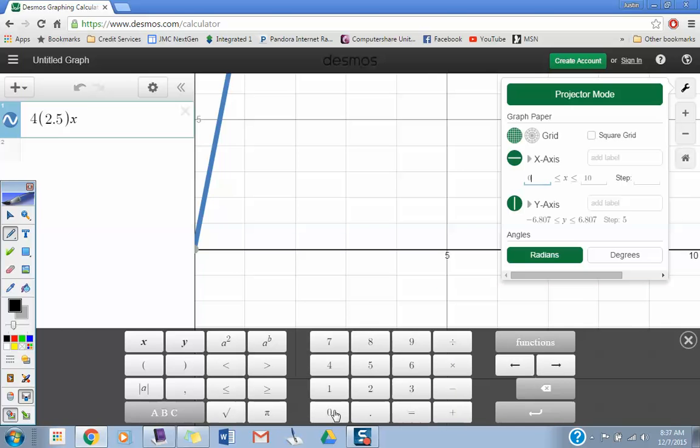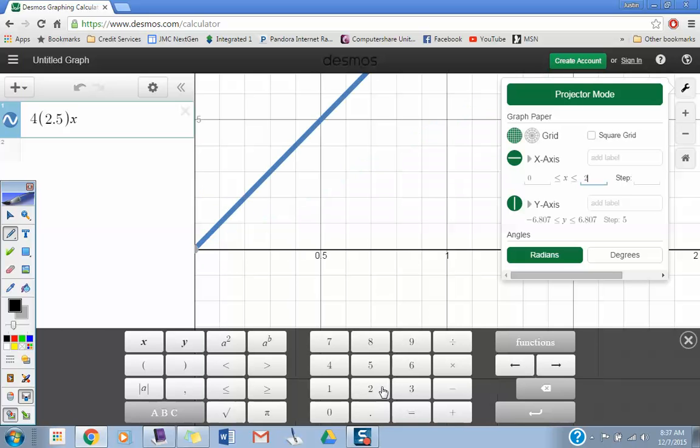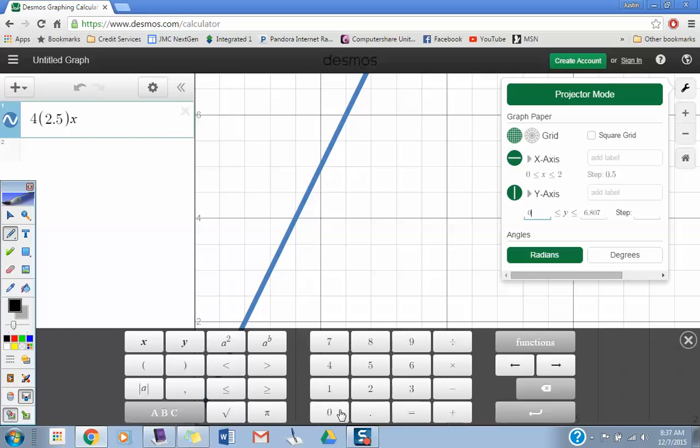Well, 0. So we'll put a 0 in there. And then I'm going to call this value right here 2. All right, from 0 to 2. And I'm going to go ahead and change my y values here. I'll just plug something in so we can see something. I'll go from 0 to, oh, I don't know, how about 25?